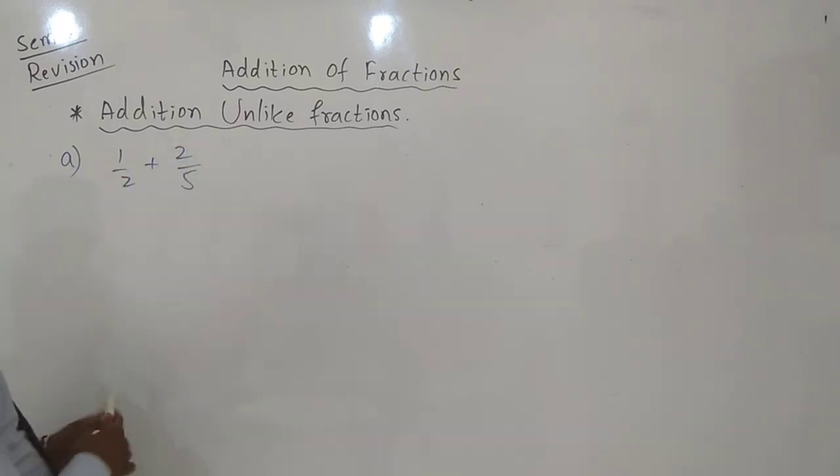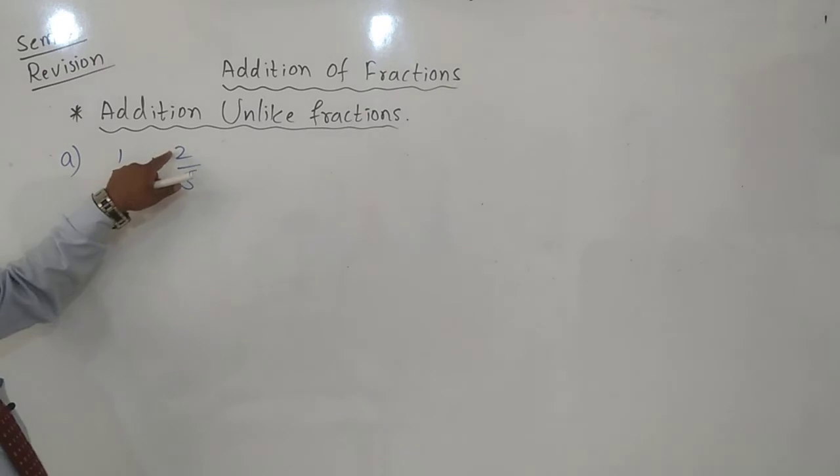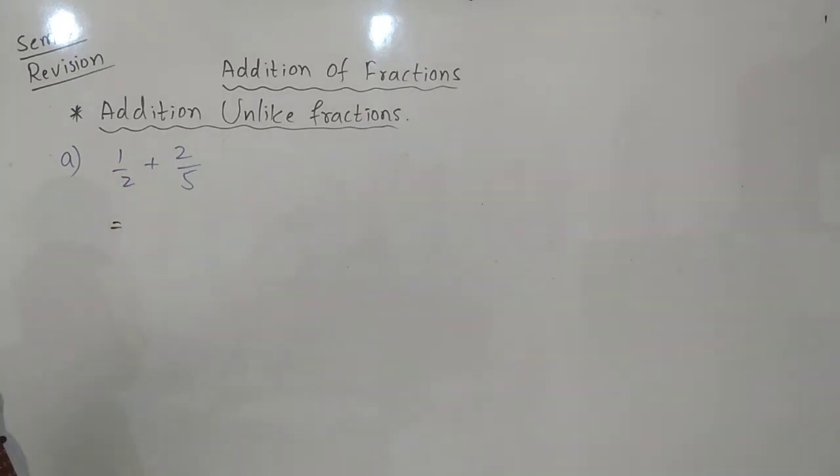Very simple, this one problem. Here we should convert 1 by 2 and 2 by 5, which are unlike. Both denominators are different. We should convert into like fractions.